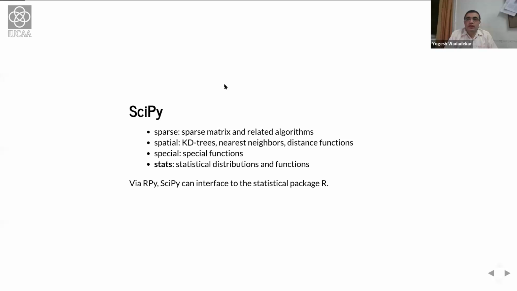So for example, if you want a distribution of some kind, a chi-square distribution or Poisson distribution or some other distribution, or if you want to do some tests like the Kolmogorov-Smirnov test or any other statistical tests, Anderson-Darling test, and so on, all of those can be done from within Scipy via this stats package of Scipy.